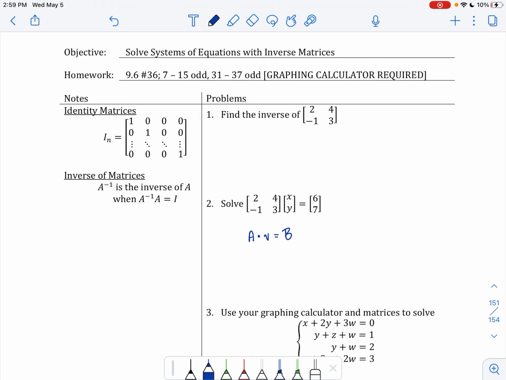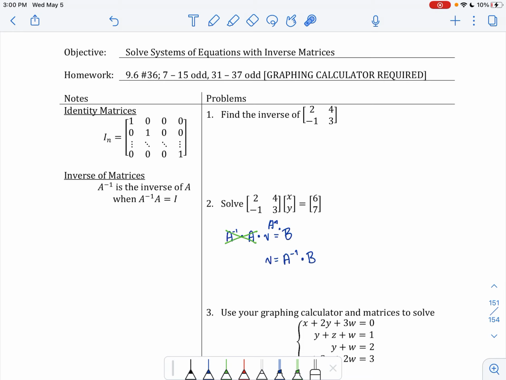What I'd usually do here is divide by A, but you could do the same thing as multiplying by A inverse on both sides. Notice how I'm doing it first in the order. This is important. And A to the negative 1 times A would cancel. And so then our variables are equal to A to the negative 1, or A inverse, times B.